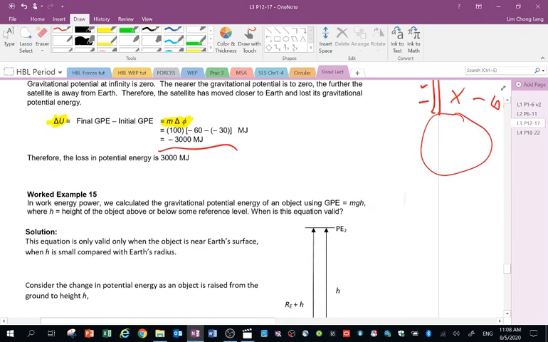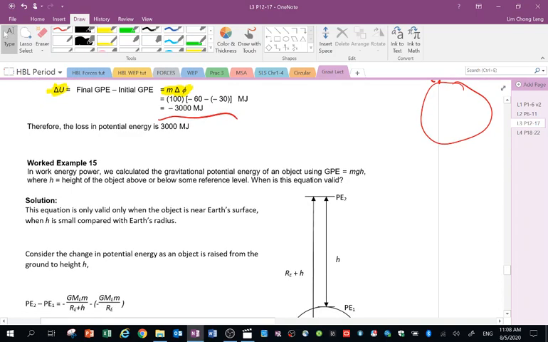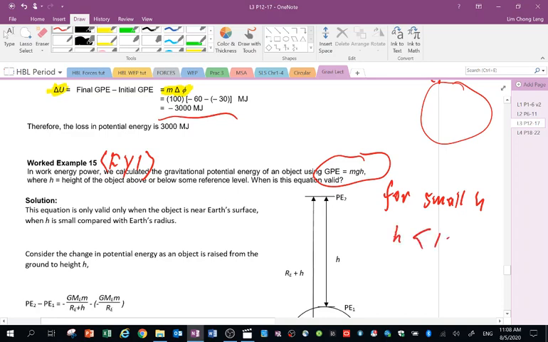The last one is actually not really an example for you to do. It is actually for you to understand, FYI, for your information. It is to prove to you that GP is equal to mgh for small h, which means h less than 1000 meters from the surface of the earth.